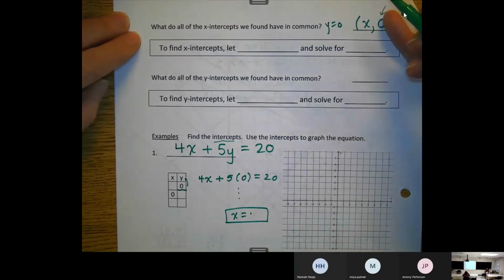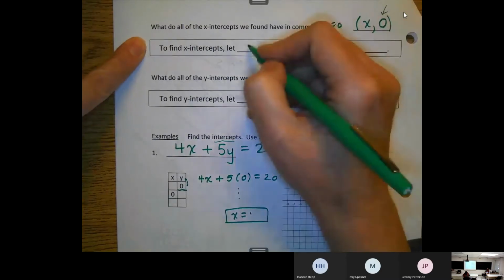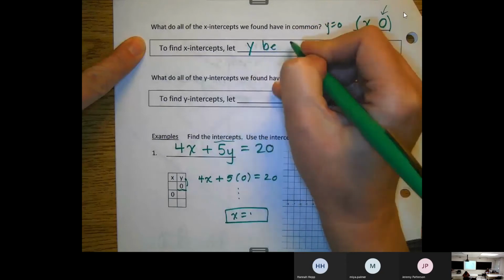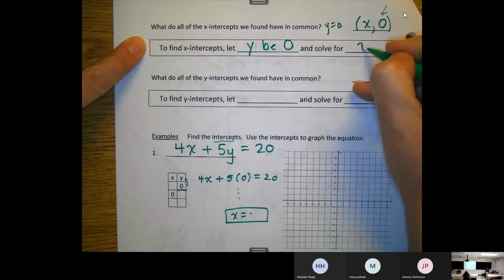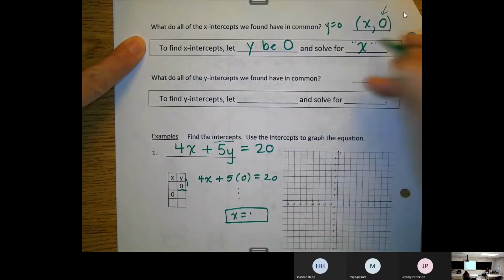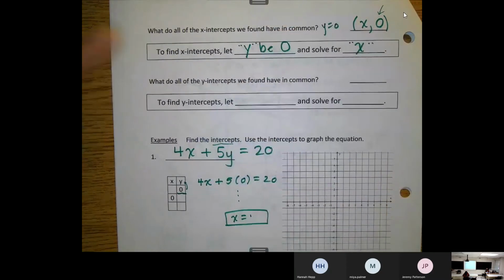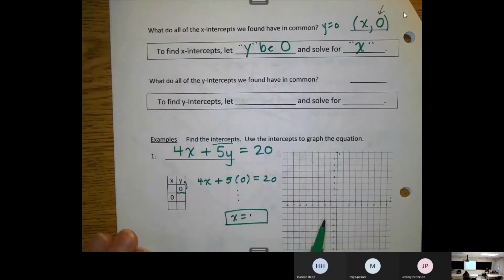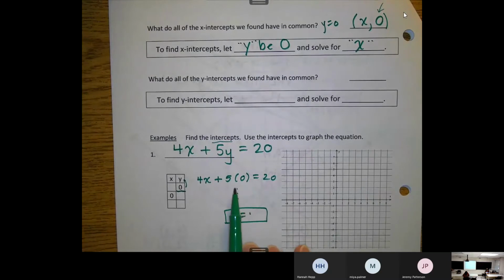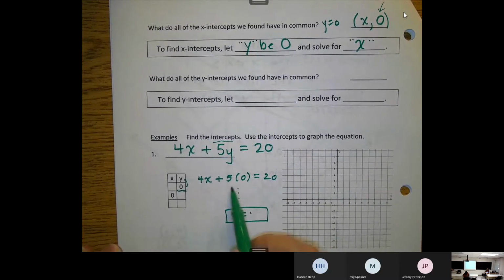So up in the box there it says to find x-intercepts, let y be 0 and solve for x. So we've put 0 in place of y, got a little simplifying to do. That's going to make a 0.